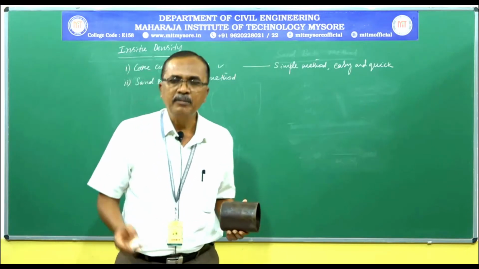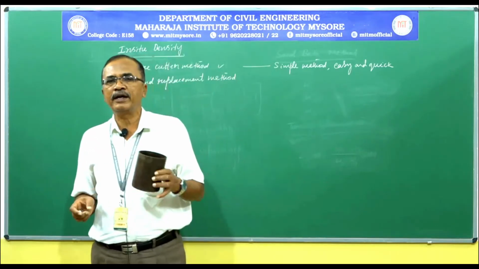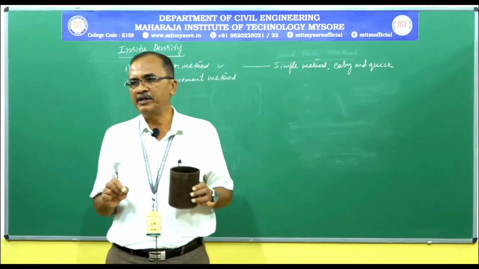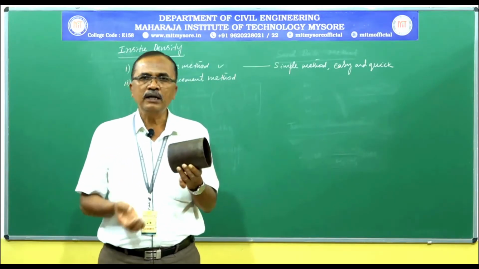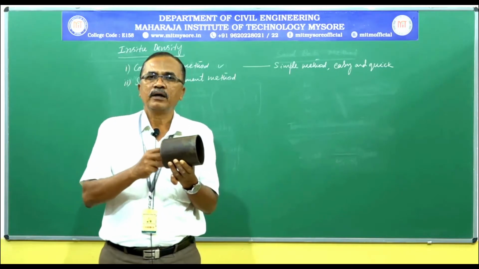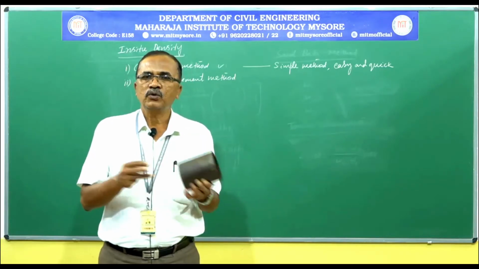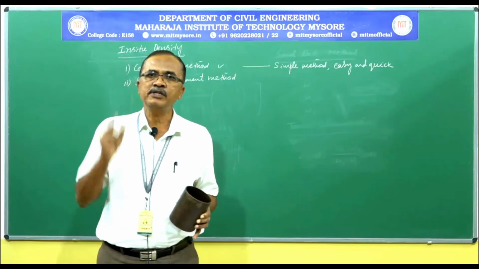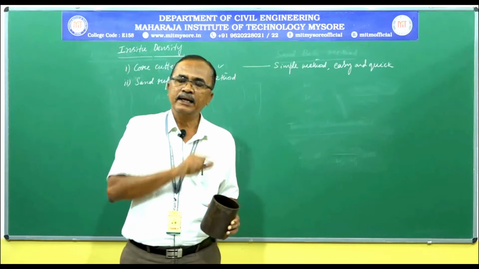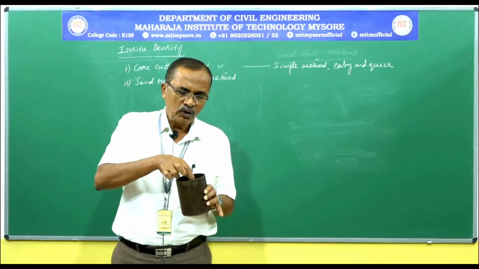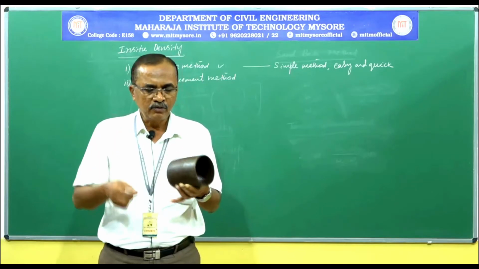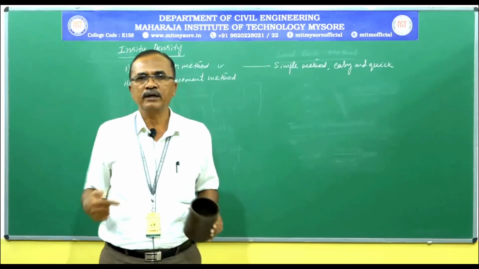In soil mechanics or geotechnical engineering, we are always interested in the inner dimensions of the instruments, because we place soil inside the apparatus. To know the volume, we measure the inside diameter and the inner height of the core cutter.